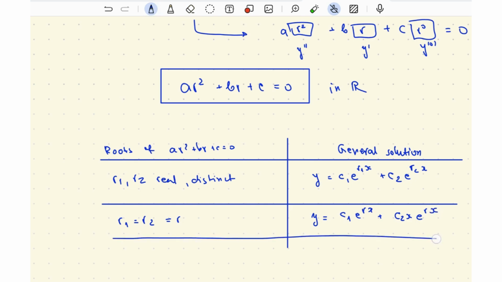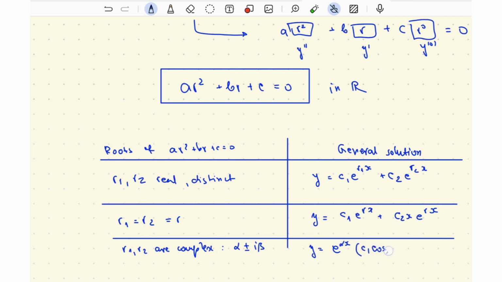And the third case is, of course, when r1, r2 are complex, and they are then conjugates, let's say alpha plus minus i beta, and the general solution is then e to the power alpha x times c1 cosine beta x plus c2 sine beta x.